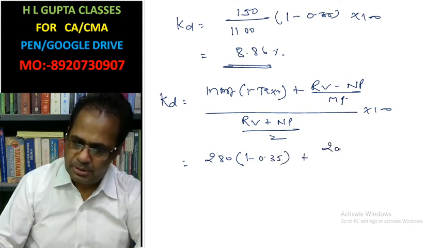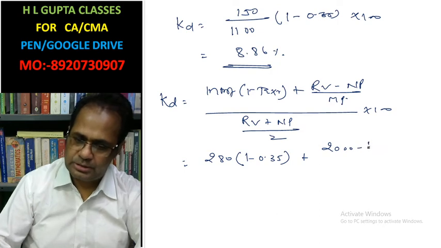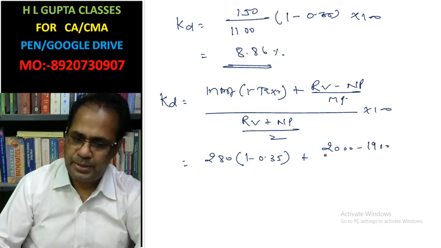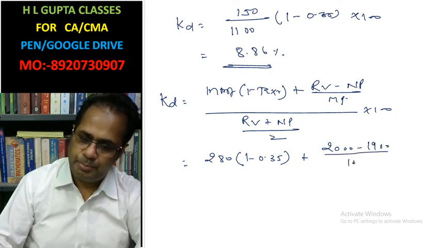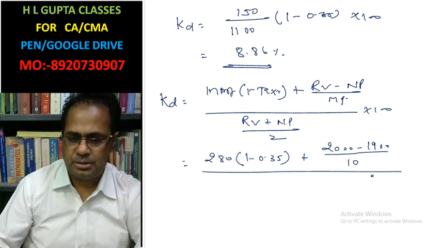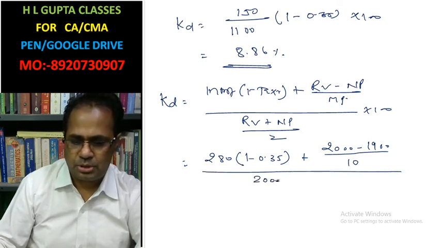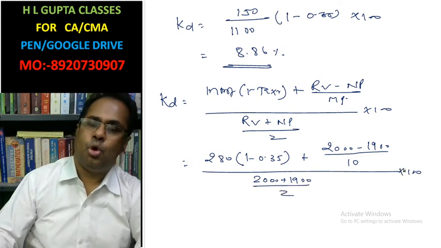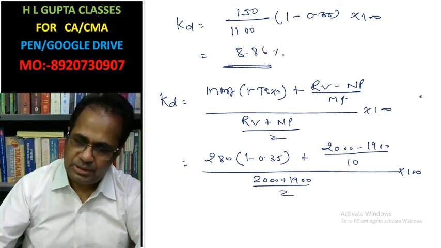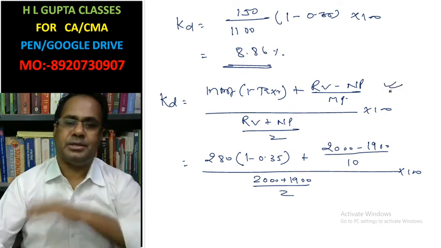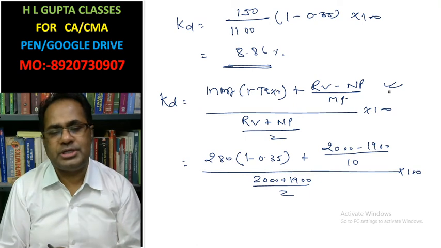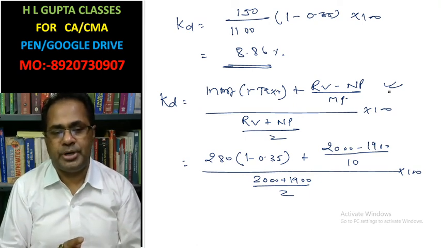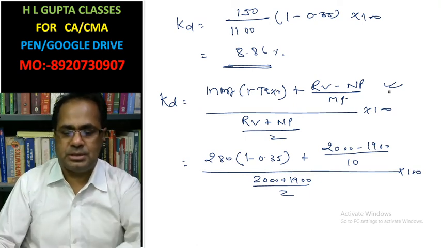Redeemable value is 2000, net proceed is 1900, maturity period 10, and 2000 plus 1900 divided by 2, into 100. The concept of why the formula is calculated this way I have already explained in my class.